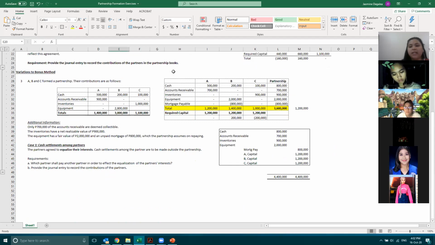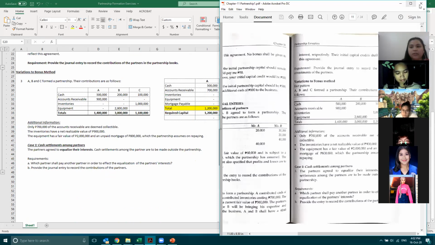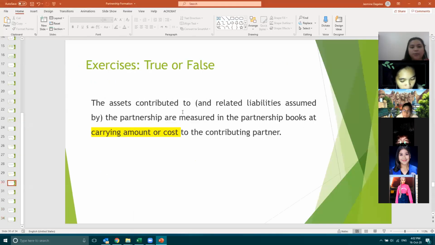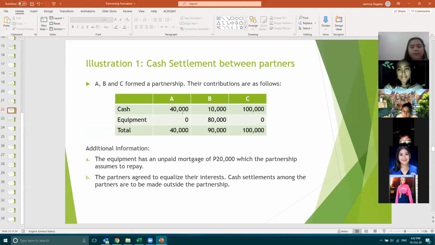So pag binigyan kayo ng problem, hanapin nyo agad anong concept ang i-apply. So dito, like sa example sa problem 3, sinabi na cash settlements among partners. So i-apply nyo yung concept ng cash settlement.